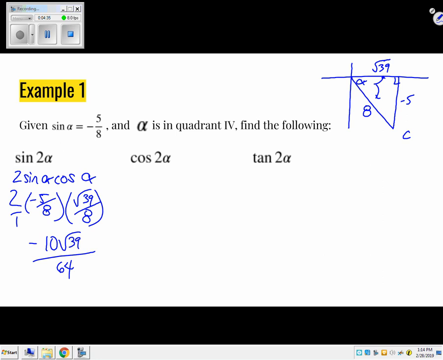And if I leave my answer like that, I'm going to pull. So -5 square root of 39 over 32. 39 is 3 times 13, so no further simplification. That'd be my answer.